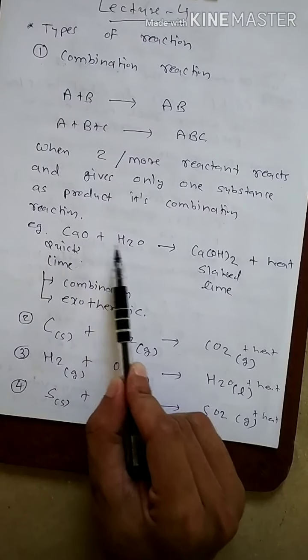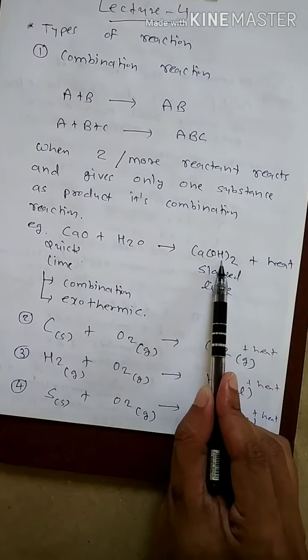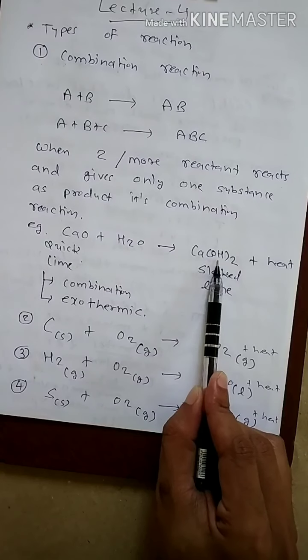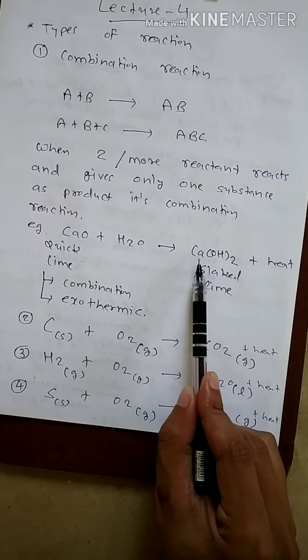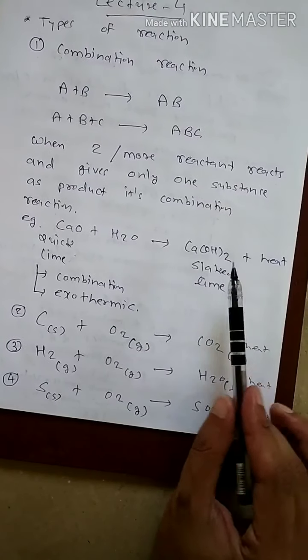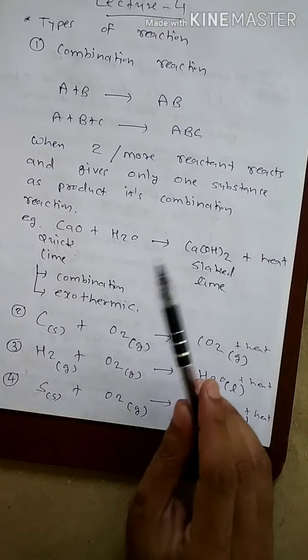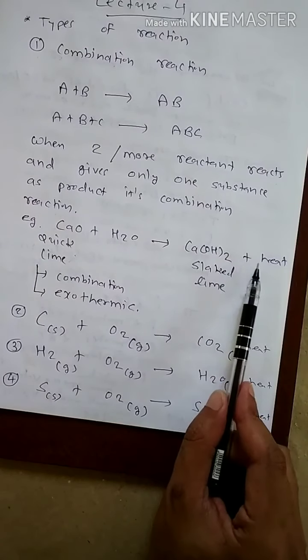When it is dissolved in water, it will give you Ca(OH)2, calcium hydroxide. That is the scientific name of Ca(OH)2, and the common name is slaked lime. And some heat will be evolved.